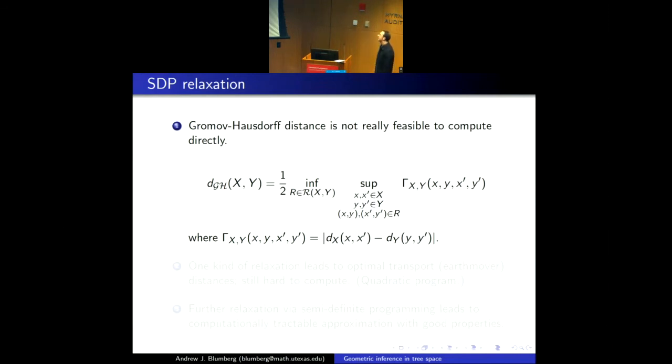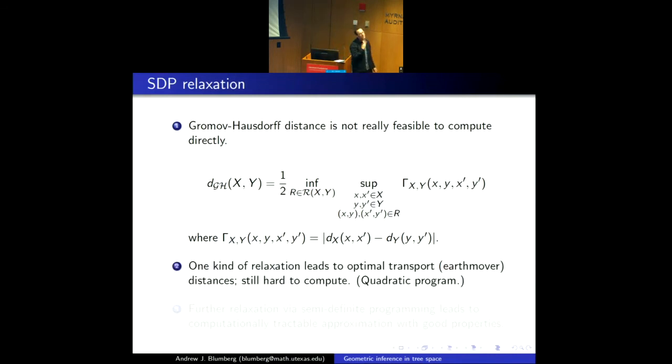And what this is saying is if you take a minimax over the worst distance in all the matchings, that's an expression for the Hausdorff metric. And I put this up mostly not because it's so important that you know this formula, but because this gives you an indication of the kinds of computational tools, if you know these sorts of things, that you might use to attack this. And so we can't compute this directly, but we can relax.